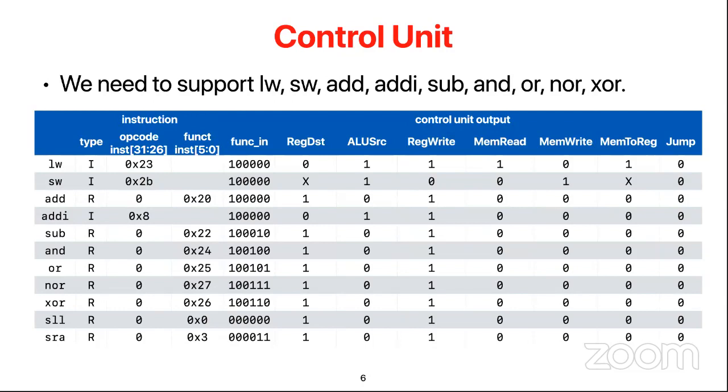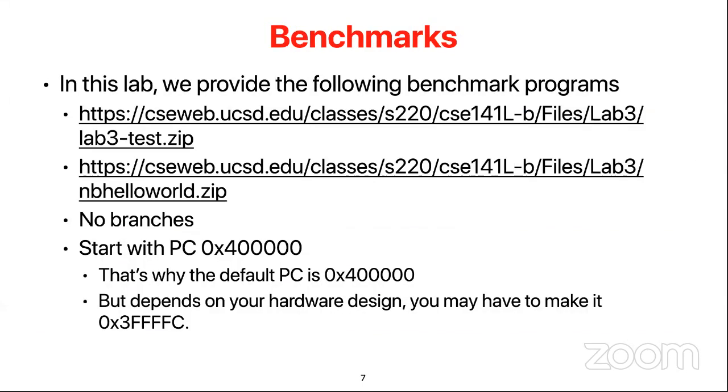Then it should not be a very difficult lab. However, because we are now supporting some real instructions, we will provide the following benchmark programs that you can download from the website to test whether your processor is working or not.